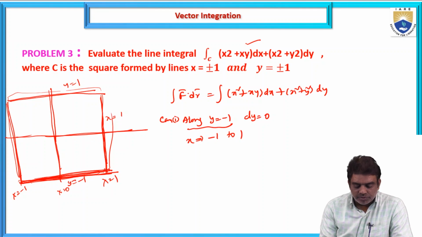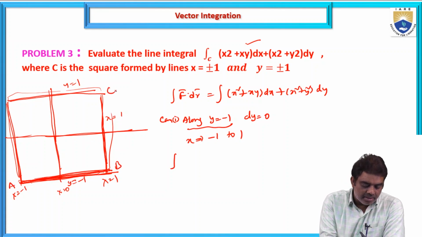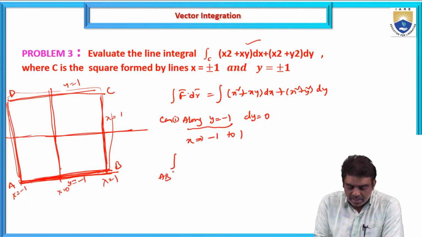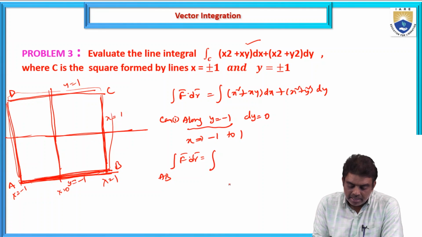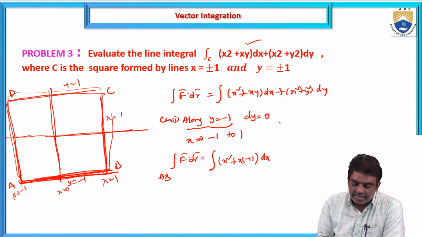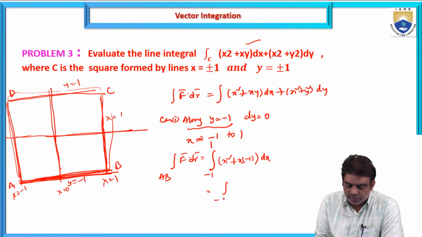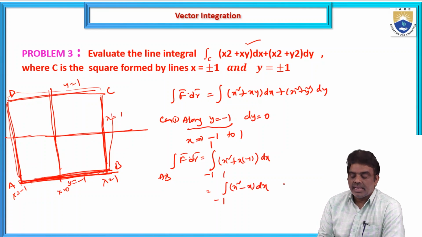So now suppose I assume along AB, this f bar dot dr bar is equal to integral of x square plus x into minus 1, dx, and the second term is entirely 0, and here x from minus 1 to plus 1, x square minus x dx. So what is the integration?